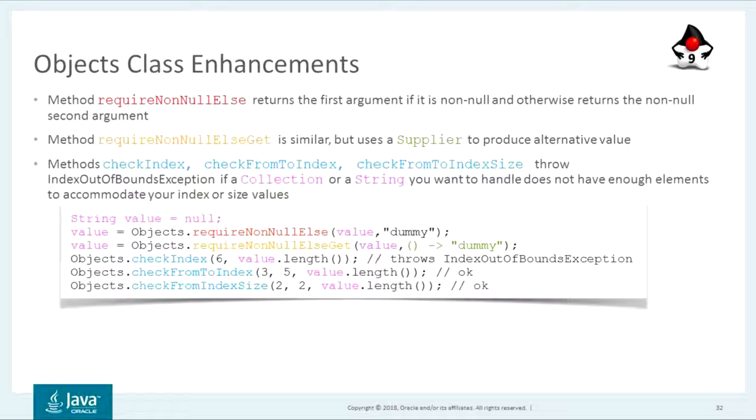Another interesting method is checking the index. Instead of crashing with an index out of bounds exception, you could say, actually, let's check if I'm getting out of bounds before I access a particular collection, for example. Or it could be applied to a collection, or to a string. You can check if text length is within particular boundaries.